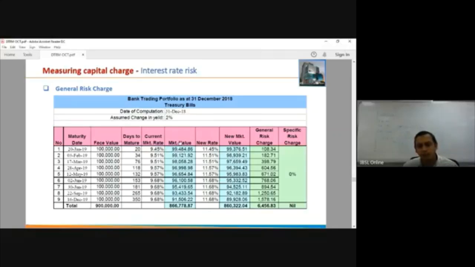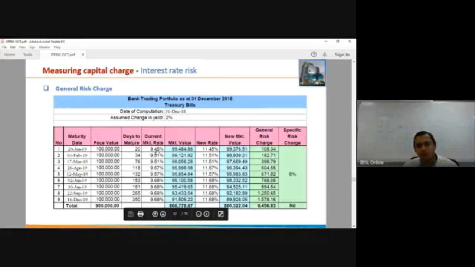Now, if you compute all your instruments, this is your total: the current market value of your total treasury bill portfolio in the trading book. Then we need to assume that the change in yield is 2%. Therefore, for each instrument you have to add 2%.